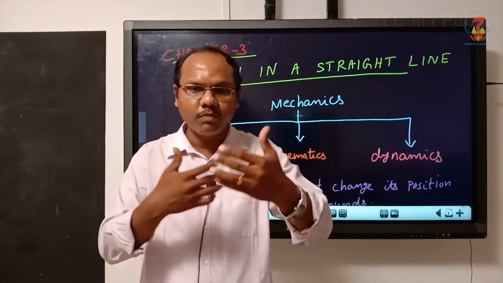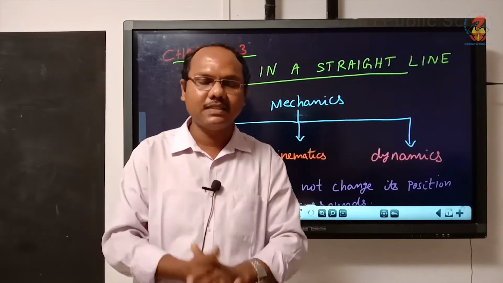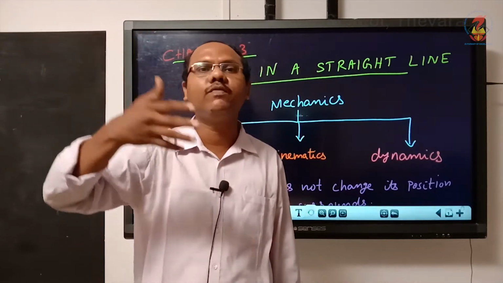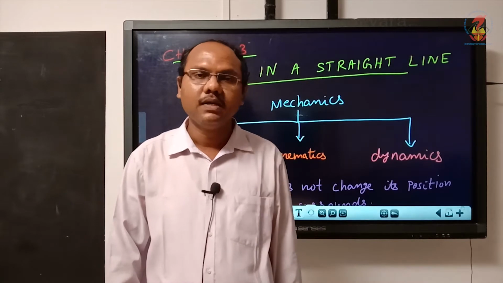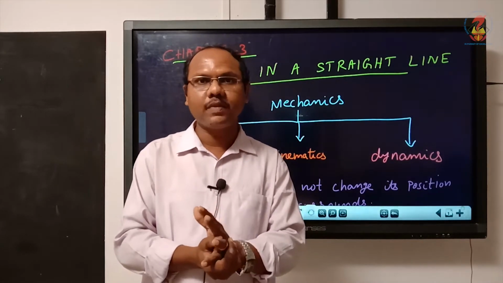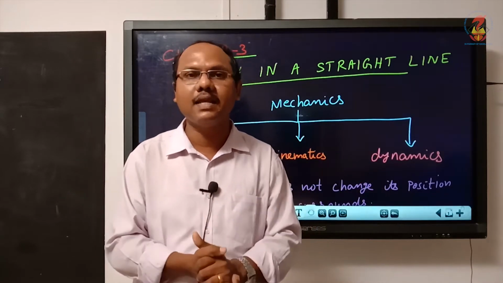So according to both of us, we are at rest, but according to a person standing on the surface of the moon, we both are in motion. So we can say motion and rest, both of them are not absolute, they are relative.